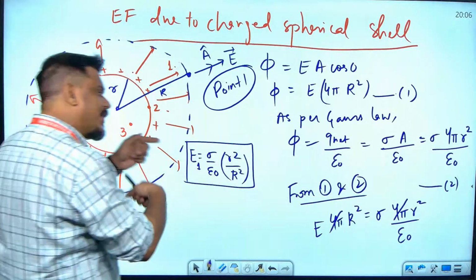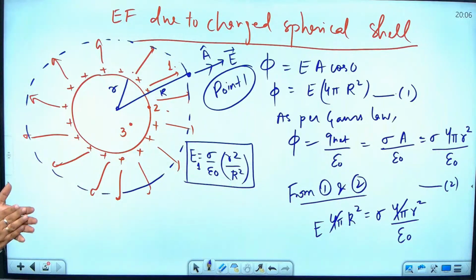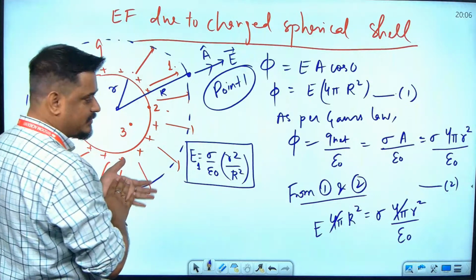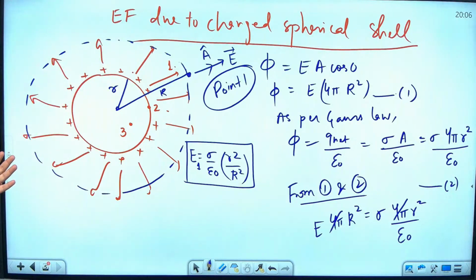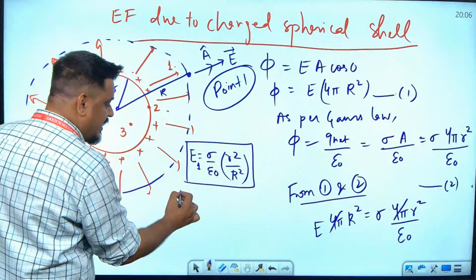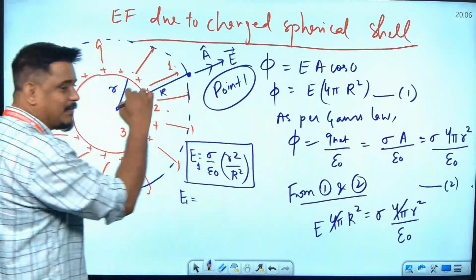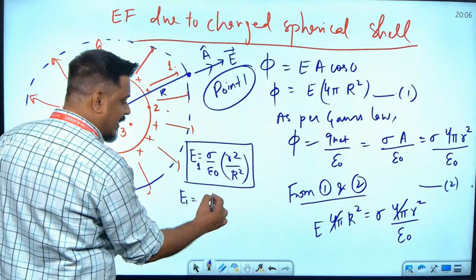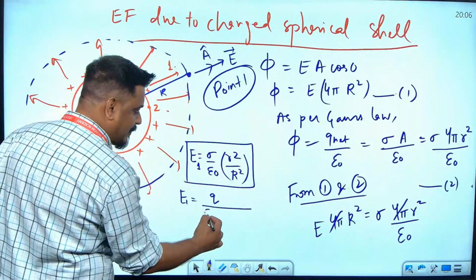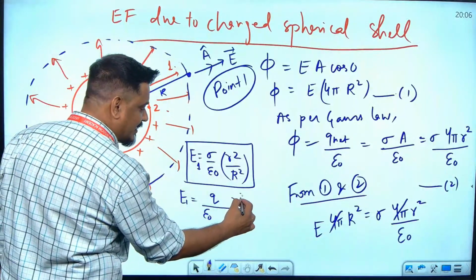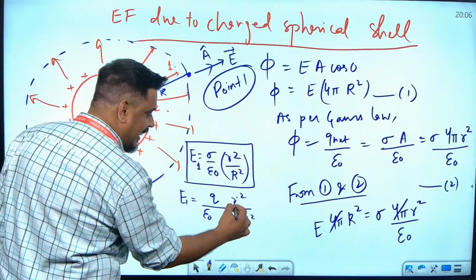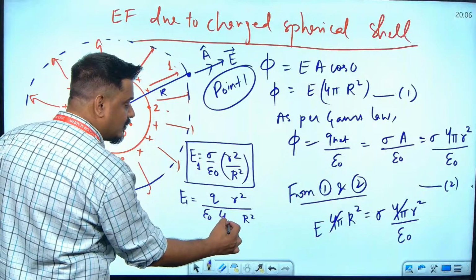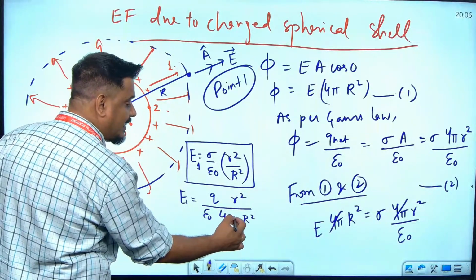Now, I can further simplify if I want to. You know how? Shall I simplify? I will simplify. Please pay attention. E1 can be written as, what is sigma? Q by A. So I am writing Q divided by epsilon naught, r square is there, capital R square is there, and A. A will be how much? 4 pi small r square.